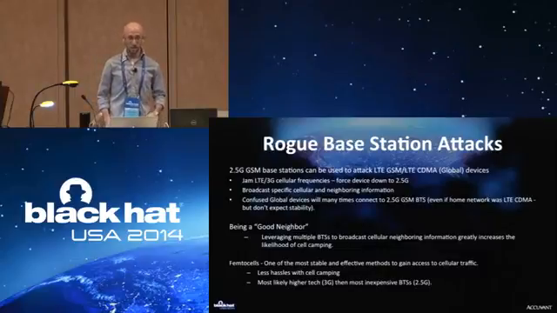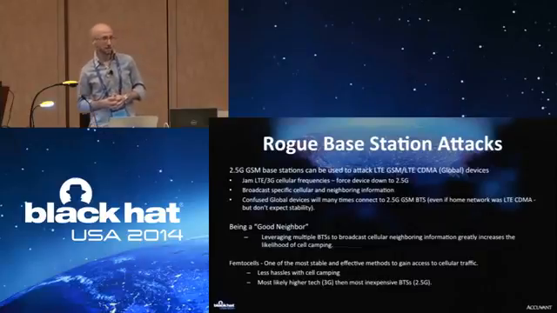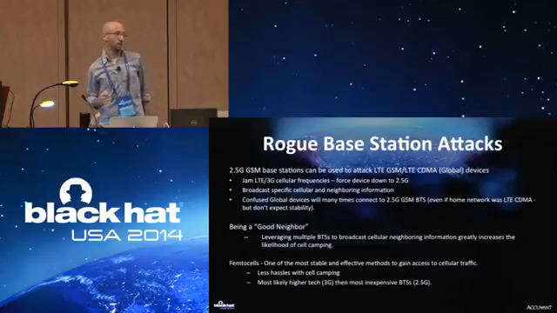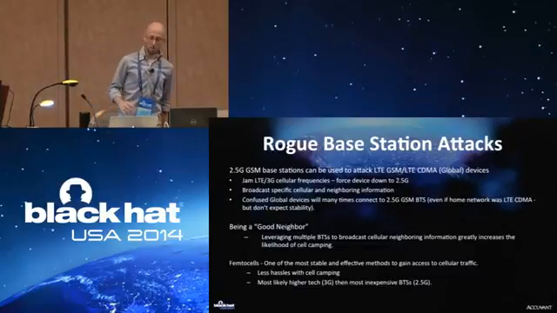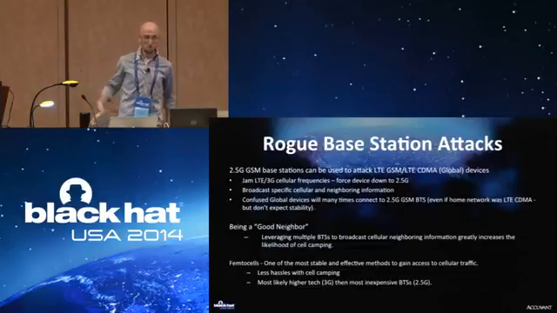More or less, something interesting we found is our old 2.5G base station can attack a lot of y'all's high-end global LTE devices, even if the home network was set to LTE or CDMA. Found by jamming the LTE and CDMA frequencies, we can get the phones to drop down to 2.5G.